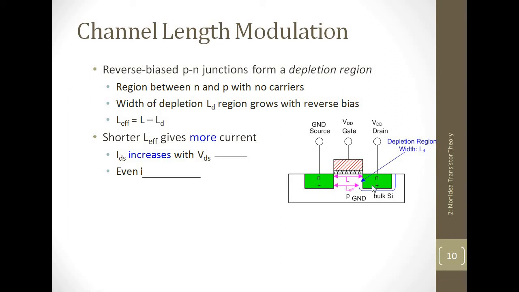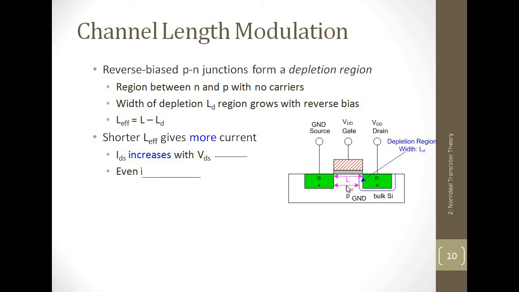With forward bias the channel gets expanded, but with reverse bias the depletion region grows more and the effective channel length gets reduced. Initially it was L, and with reverse bias, some particles are attracted here, so this region grows and the effective length is reduced.